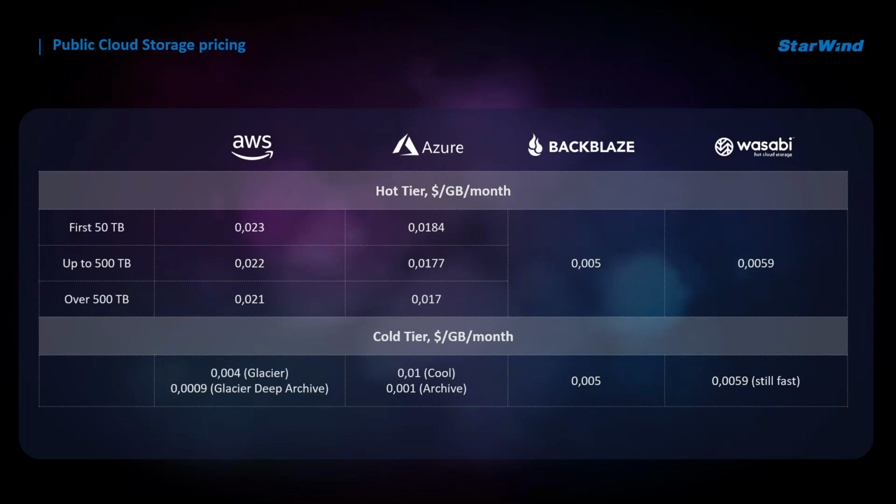But in case you're talking about true archiving, actually AWS and Azure are the smarter way, because as you can see at the bottom, the cold tier for Glacier and Glacier Deep Archive will cost much lower than Wasabi and Backblaze. The same applies to Azure and its Cool and Archive tiers.